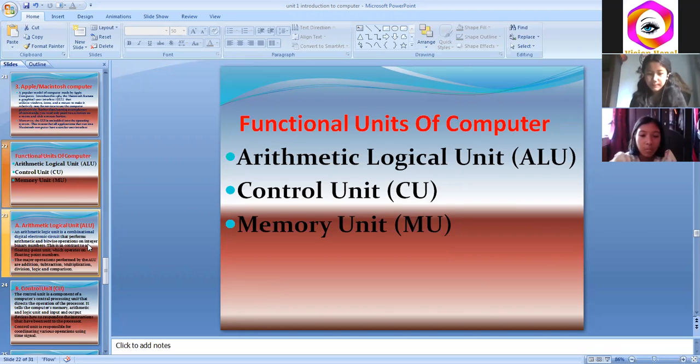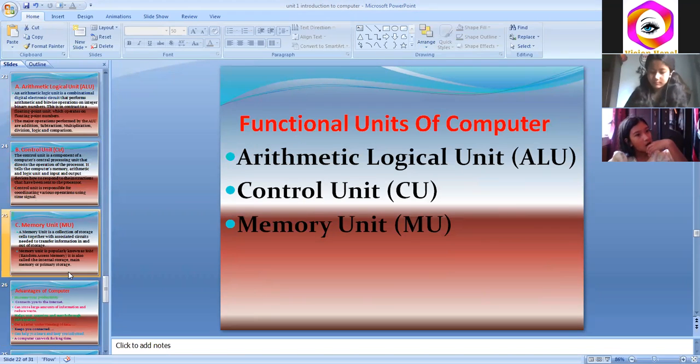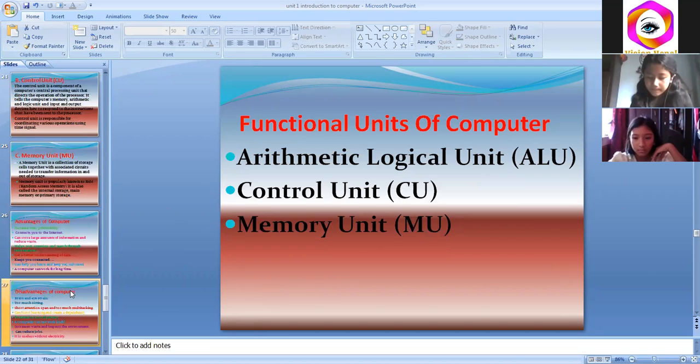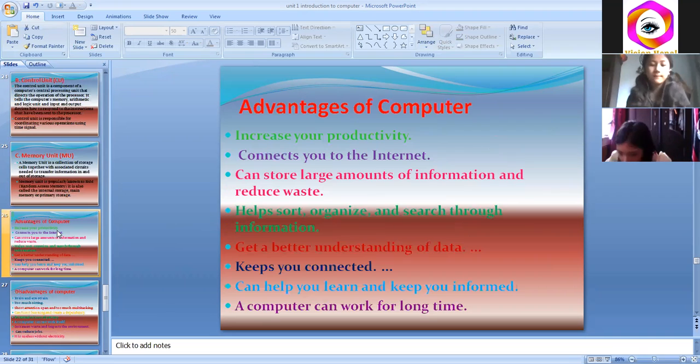The memory unit is also known as RAM, or primary storage device as well, or main memory or internal storage. It has different names, but the function is the same. Now go to the next topic.